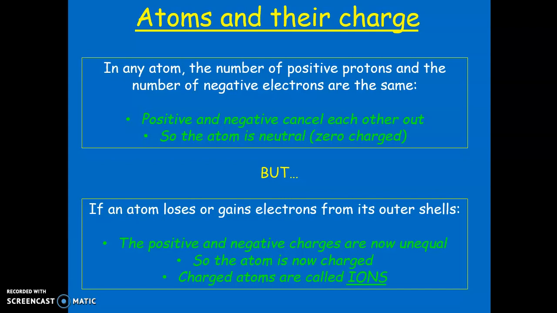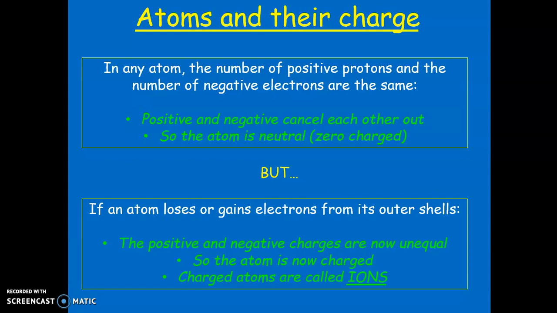So that means if we lose or gain an electron, we automatically have an imbalance of protons compared to electrons. The positive and negative charge are now unequal. They can't fully cancel each other out. So we might end up with too many electrons if we've gained, so we've got more negative charge than positive charge. Or if we lose an electron, we'll end up with less negative charge compared to the positive proton charge.